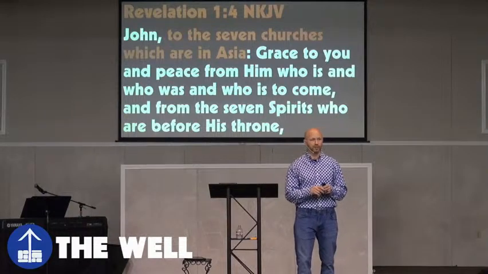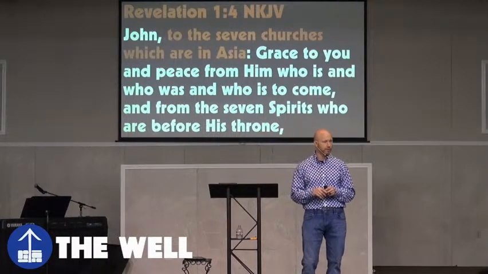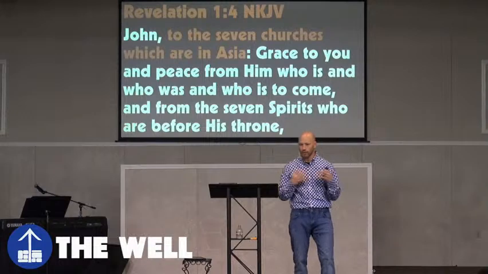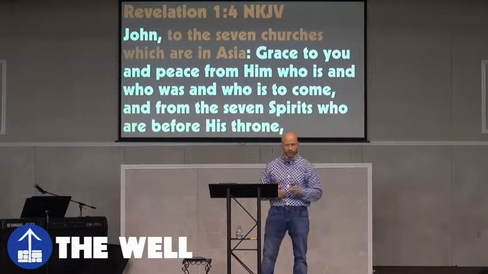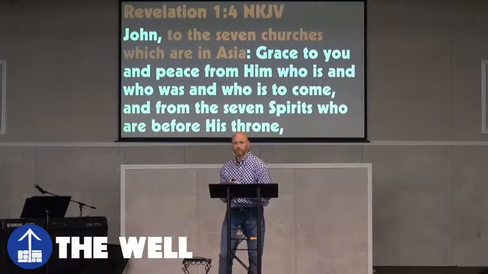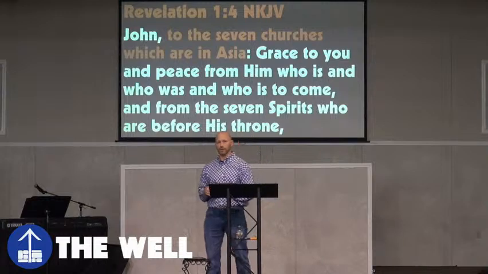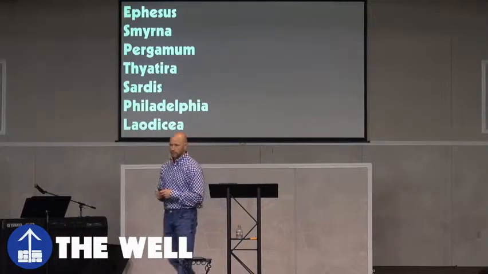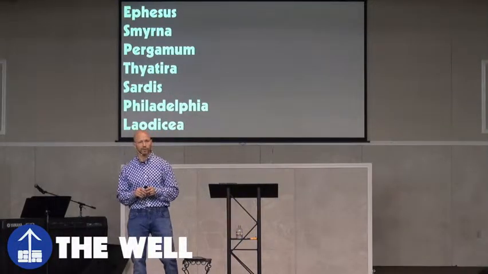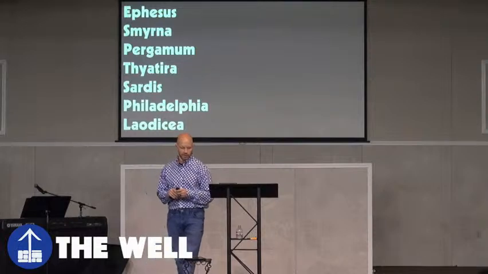The 7 churches which are in Asia. Asia, or we say Asia Minor, modern-day Turkey, on the western coast. That is who it was written to. We're going to get to it in the coming weeks, but those 7 churches are listed here, beginning with Ephesus and ending in Laodicea.